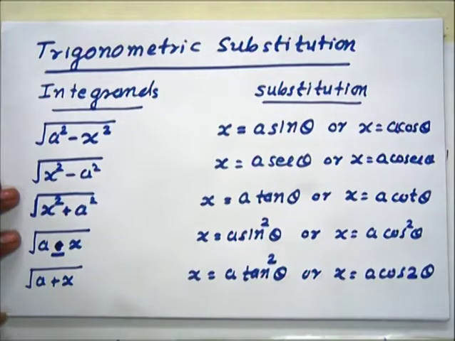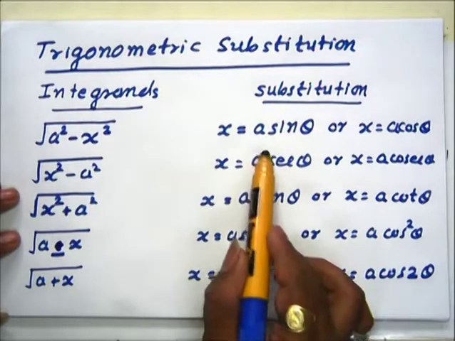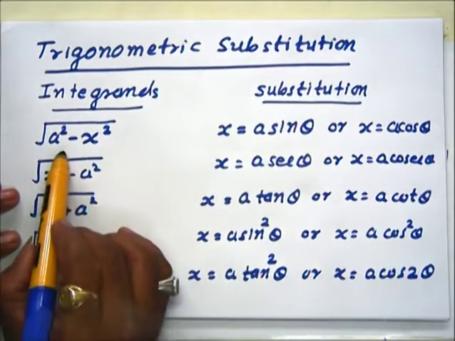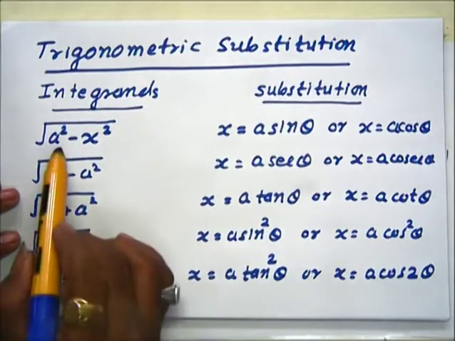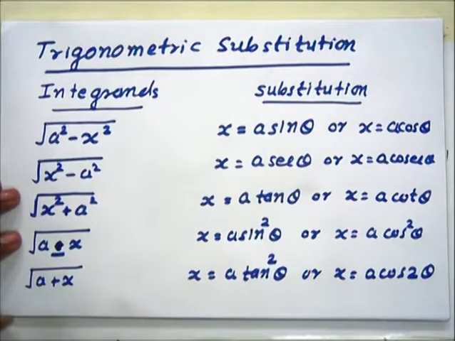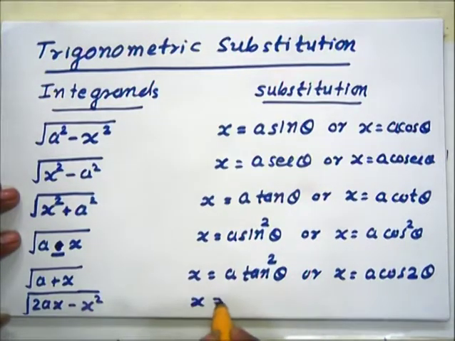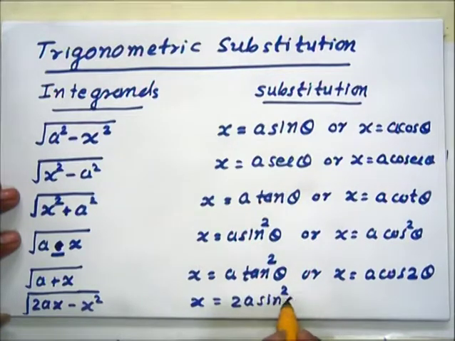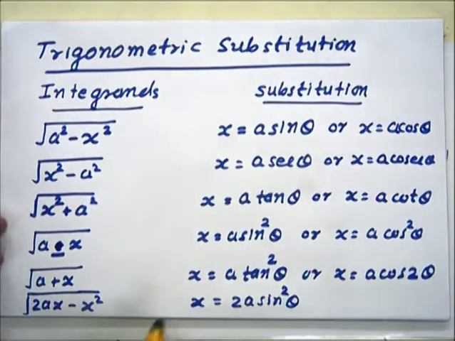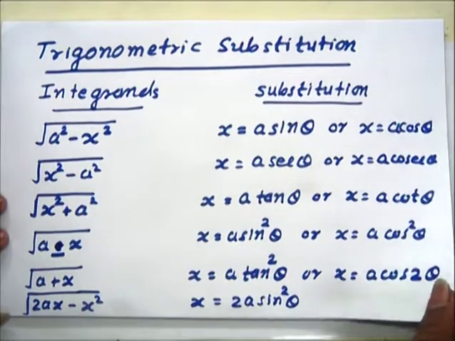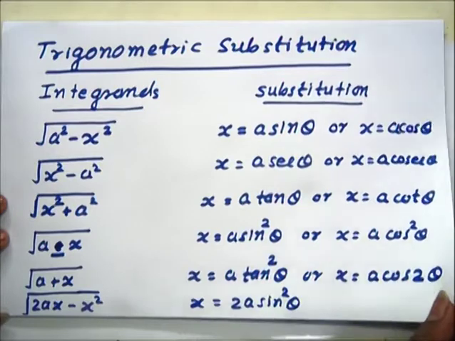So you can take the substitution like this if the integrand is of one of these forms. Let's see one last. If the integrand is of the form 2ax minus x square, then take x equal to 2a sin square theta. These are some standard substitutions, so note them down in your notebook.